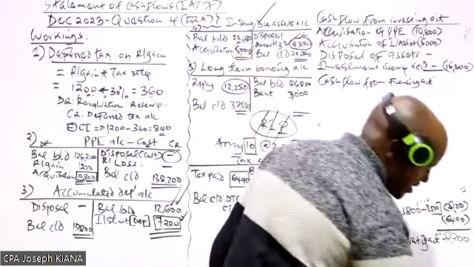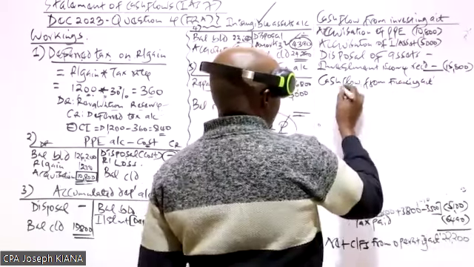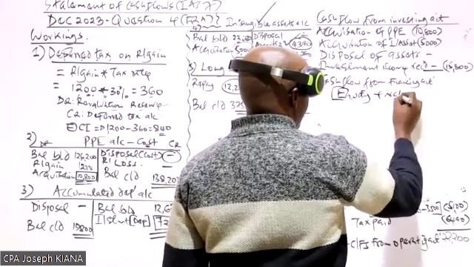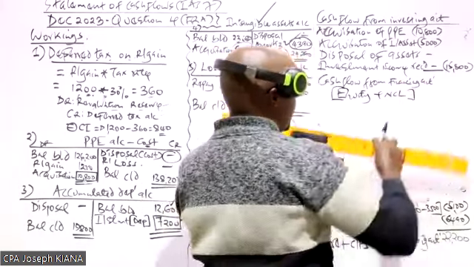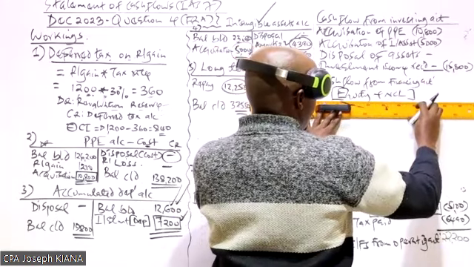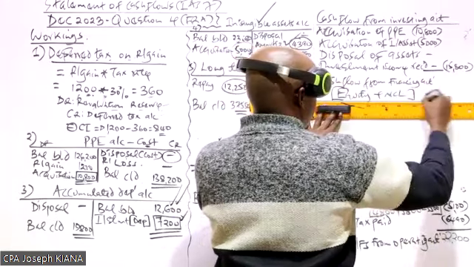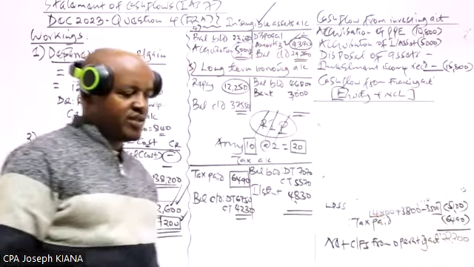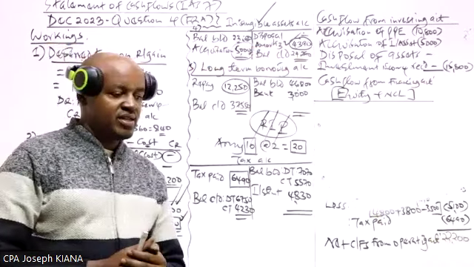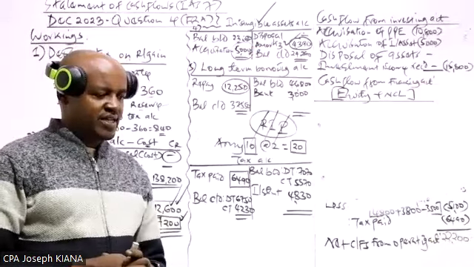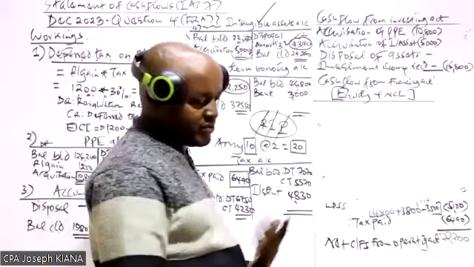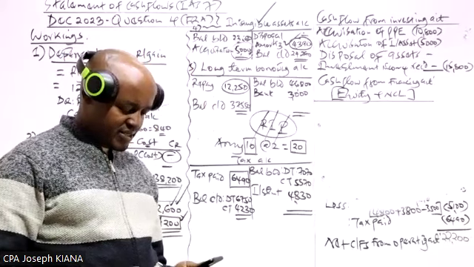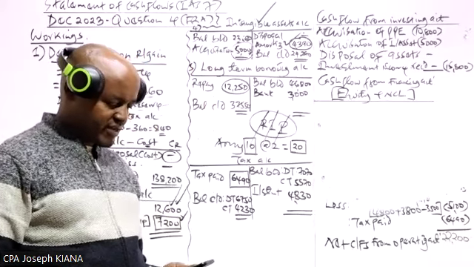For all items which we include here, we get them from the equity and non-current liability section of the statement of financial position, because financing activities are those activities which affect the company's capital structure.